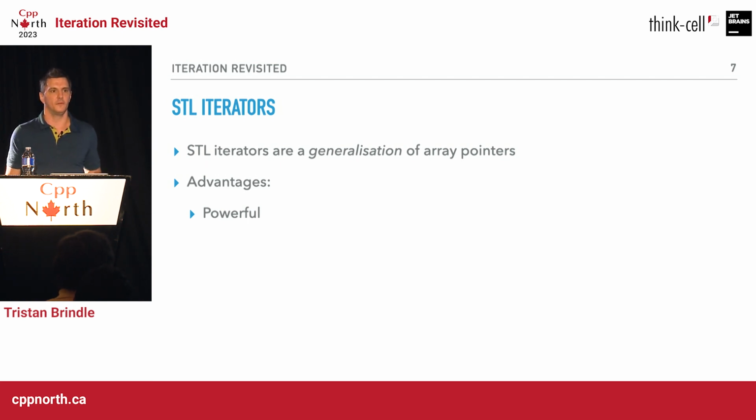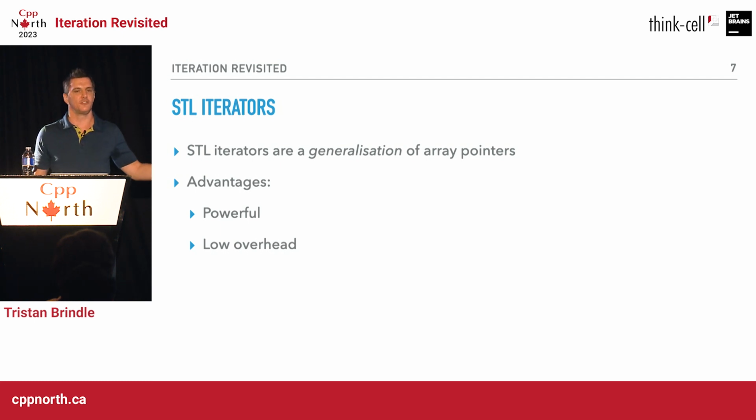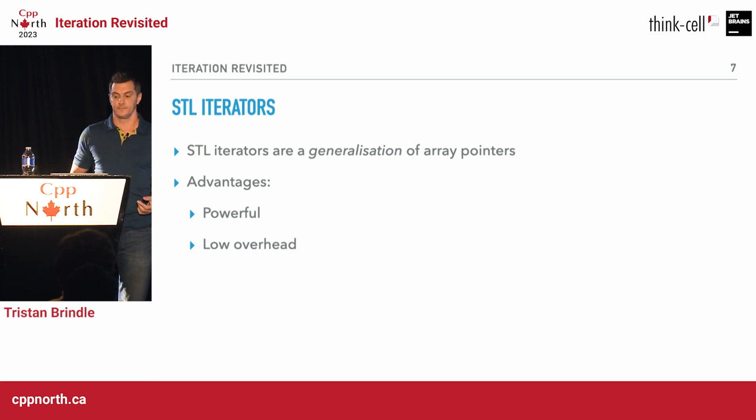They're also low overhead. This was particularly important back in the days when compiler optimizers weren't anywhere near as sophisticated as they are today. But even today, if you write some code using iterators and plug it into Compiler Explorer, you'll see that all the iterator gunk goes away. Iterators are really low overhead.